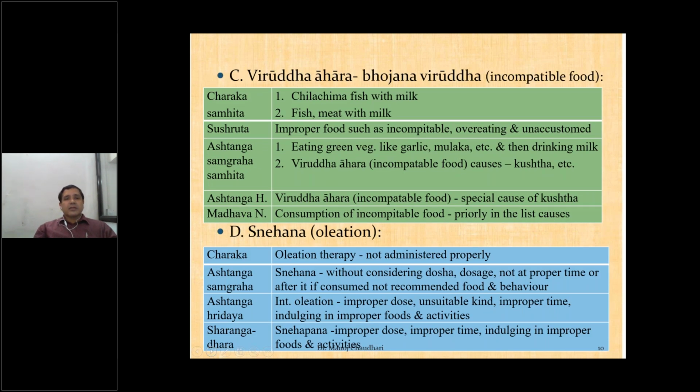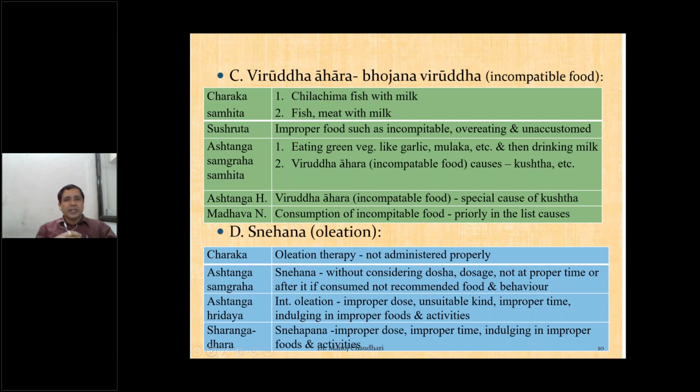Now see, the third one is Viruddha Ahara, but it is now Bhojana Viruddha, that is incompatible food. Together we are making some different combinations. Charaka Samhita has mentioned chilchima fish with milk, fish meat with milk. Simply, we can explain that fish has Ushna Virya, and the milk, wherever I mention it, is cow milk, has Shita Virya, the cool potency, and fish has hot potency.